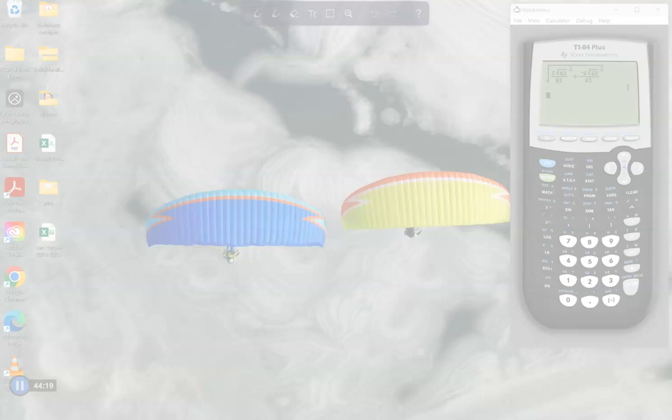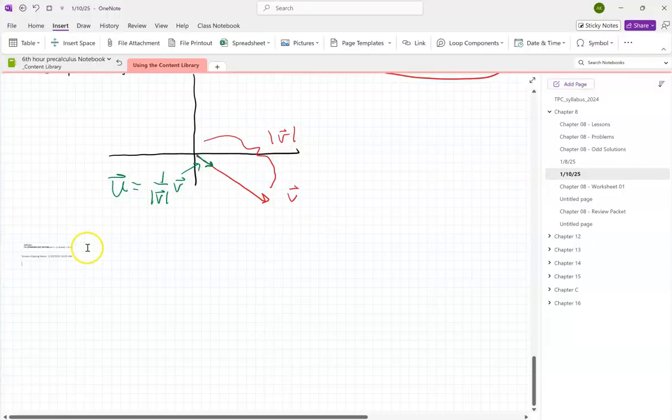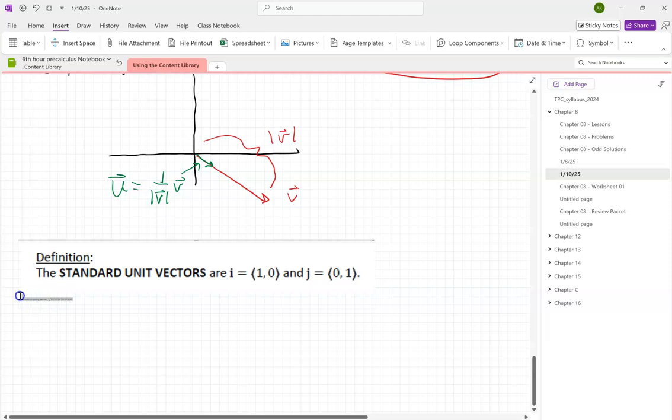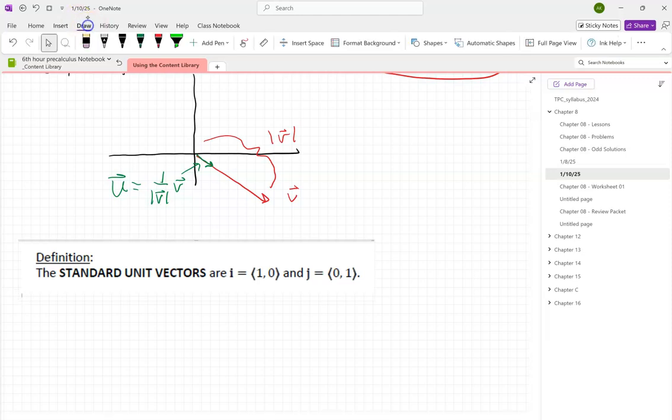We call these 2 vectors the standard unit vectors. We give one of them the name i, that's the vector i, which is just the vector 1, 0, and the vector j, which is the vector 0, 1.